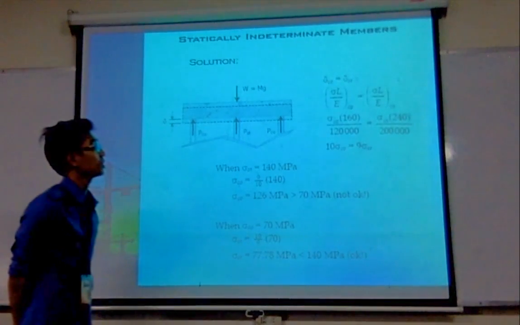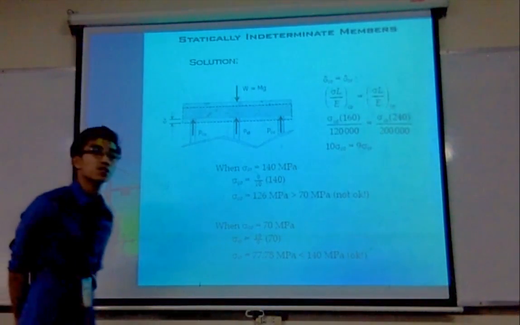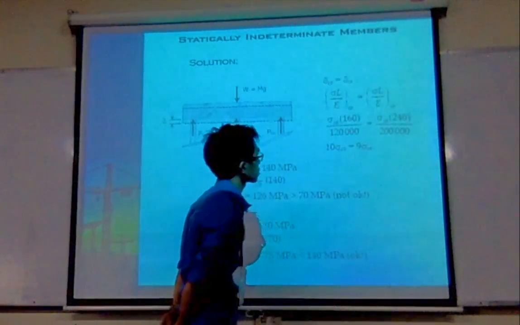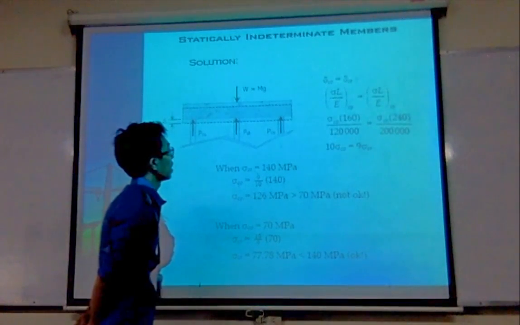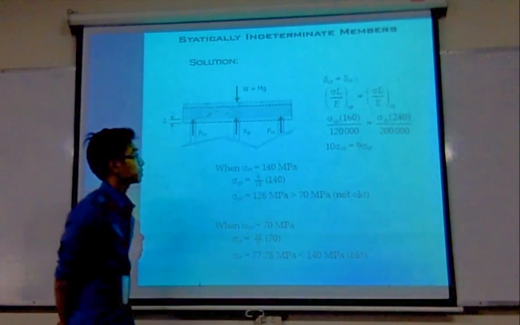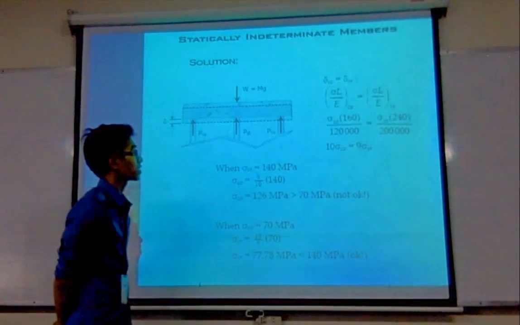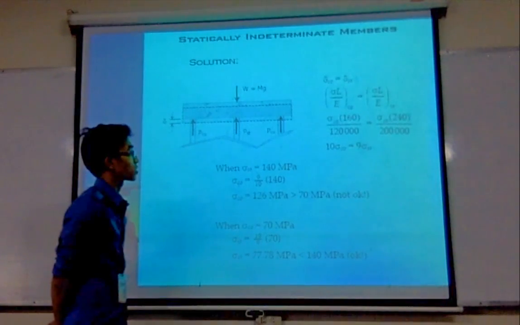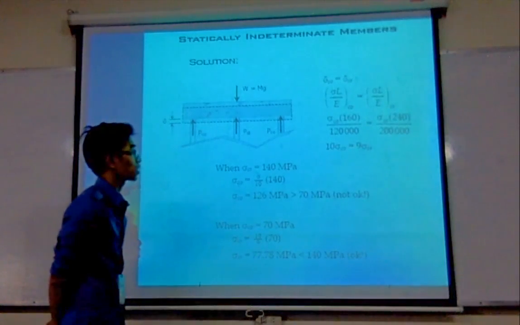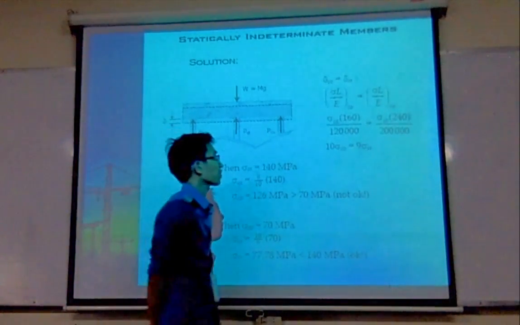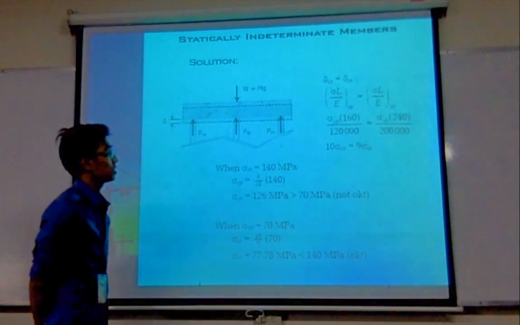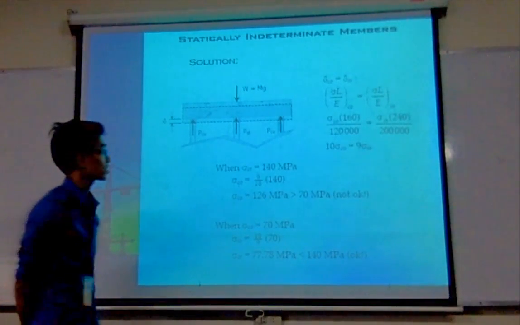Substituting the data given, stress of the copper times 160 all over 120,000 is equal to stress of the steel times 240 all over 200,000. Simplifying, we get 10 times the stress of the copper equal to 9 times the stress in the steel.